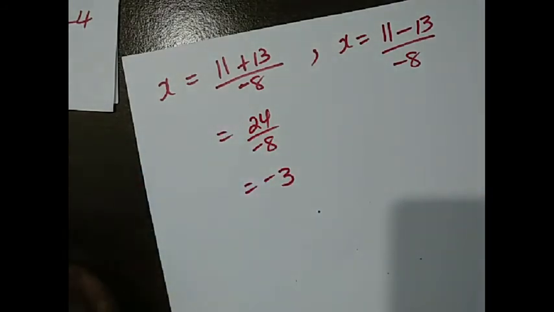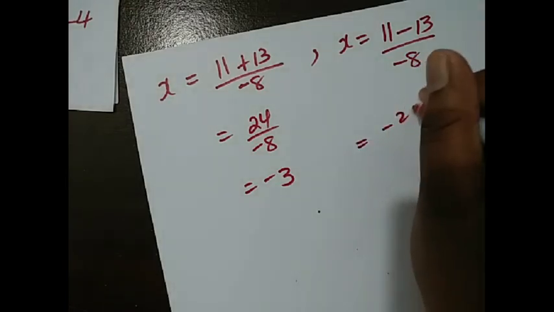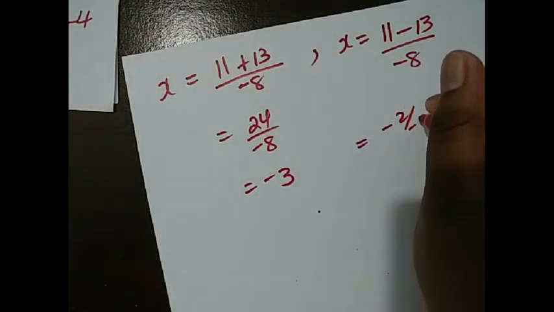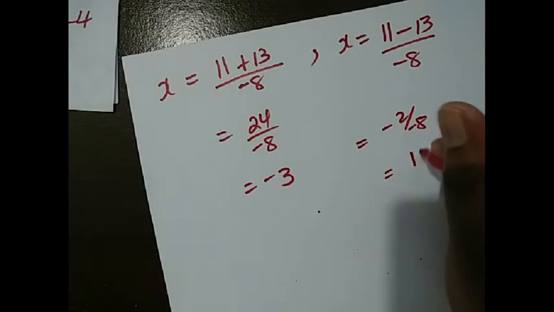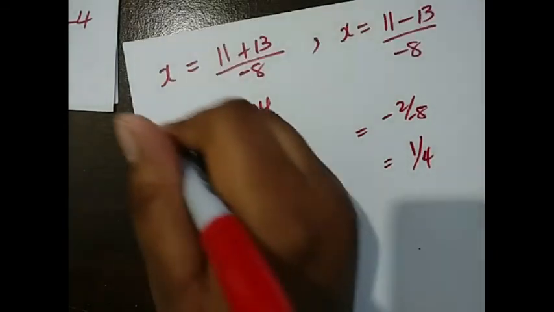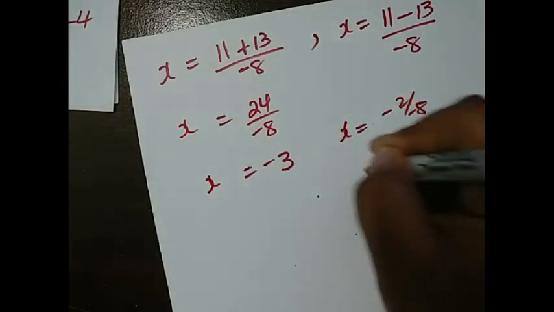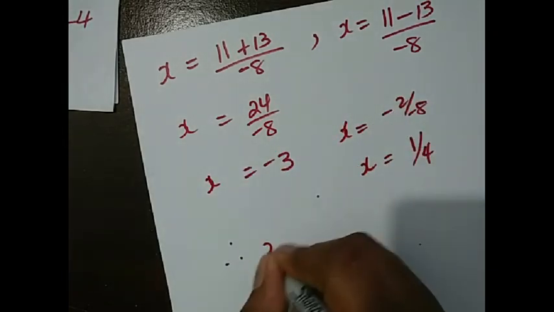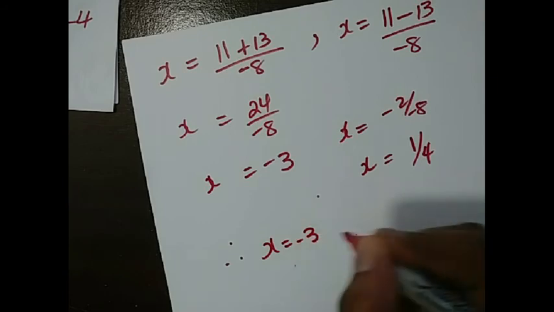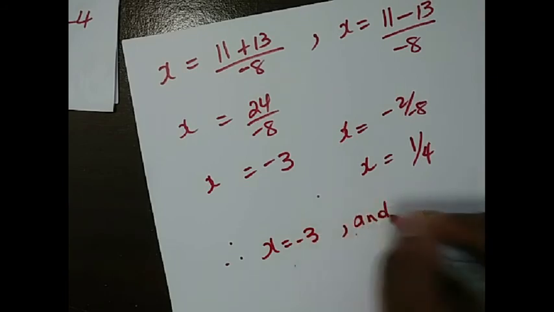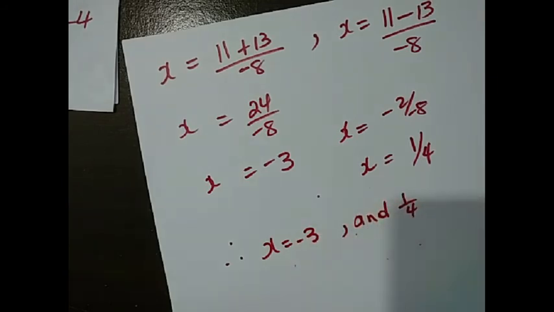And 11 minus 13 gives me negative 2. Negative 2 over negative 8 gives me positive 1 over 4. Therefore, x is equal to negative 3 and positive 1 over 4.